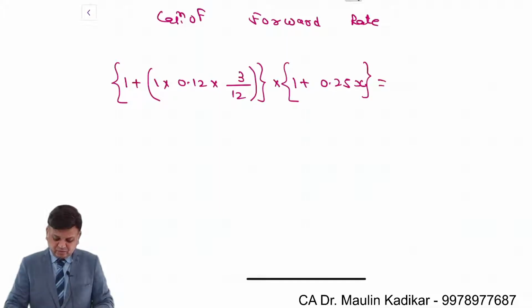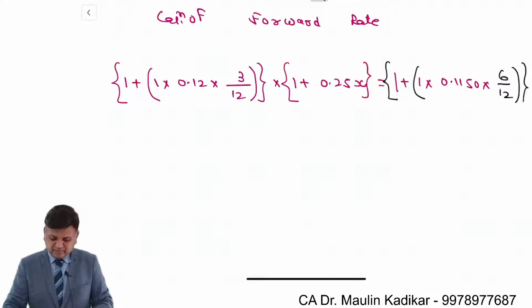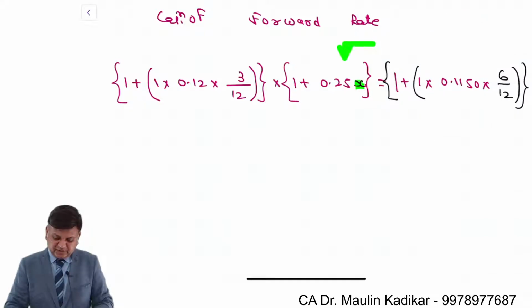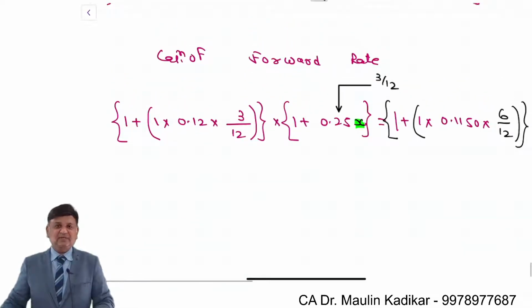Is equal to 1 plus 1 into 11.5% for a time period of 6 months. This is the way we are required to make this calculation. And this 0.25 is representing exactly 3 months. So it is 3 divided by 12. Please write an answer.